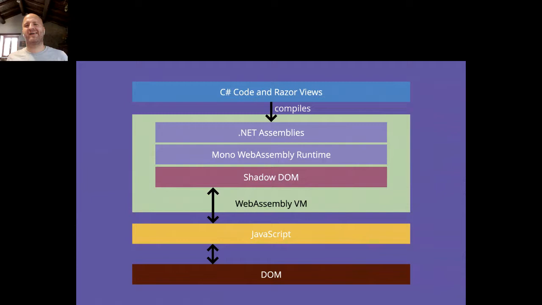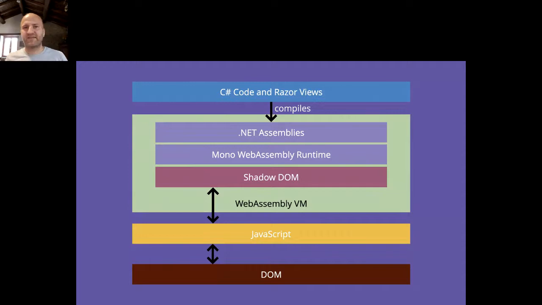WebAssembly applications are not actually able to manipulate the DOM directly. That is why Blazor is building up something called a shadow DOM, or an internal component representation. And every time we are doing some state changes in our components, add a text or do some dynamic things or catching some events, we're actually subscribing to the internal component tree and modifying that.